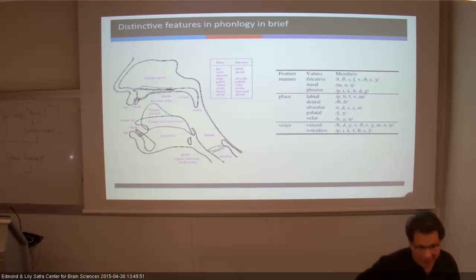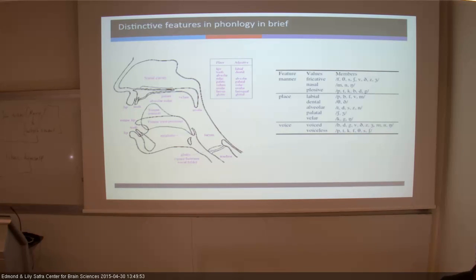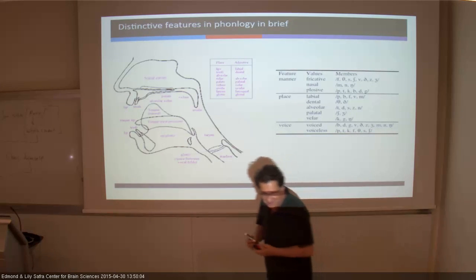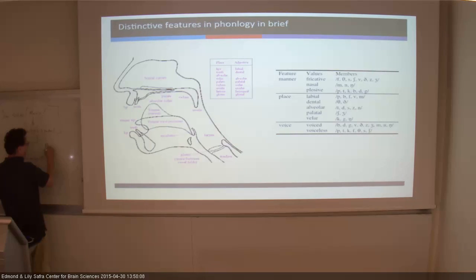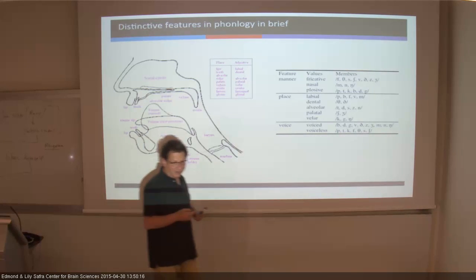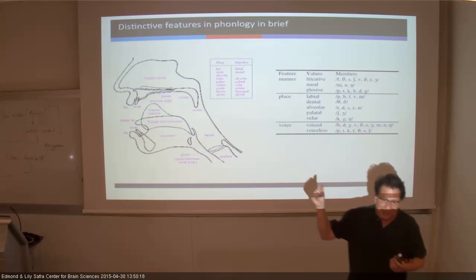Actually, for those of you interested in this, there's an amazing article in Science last year by somebody called Mesgarani, Nima Mesgarani, and many others. It's an incredible article where he actually read off these kinds of distinctive features.